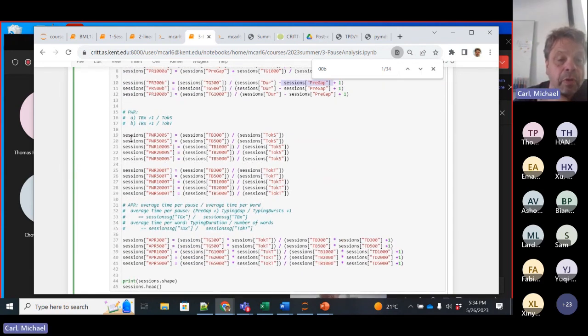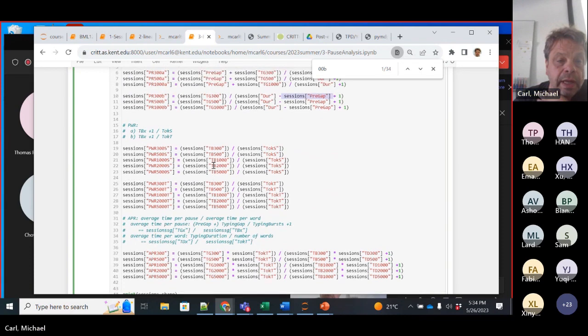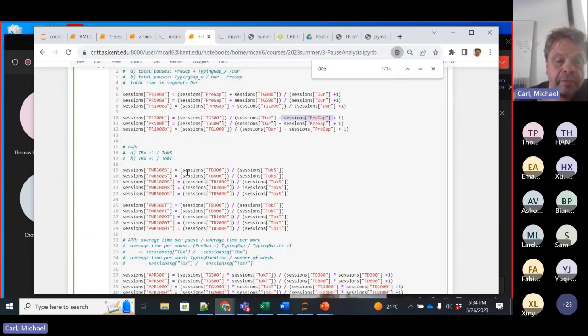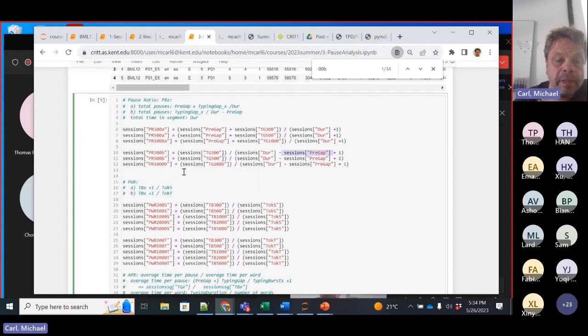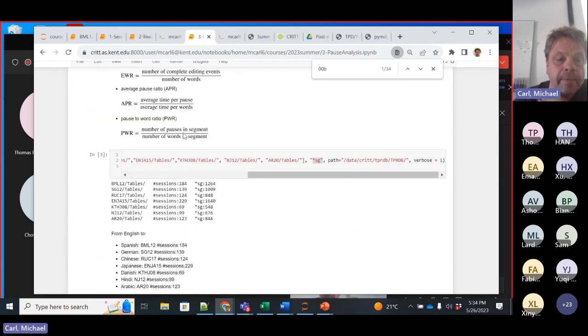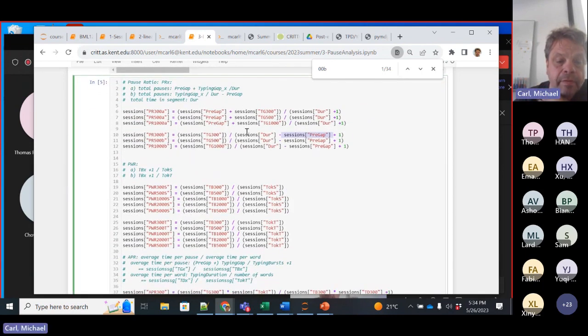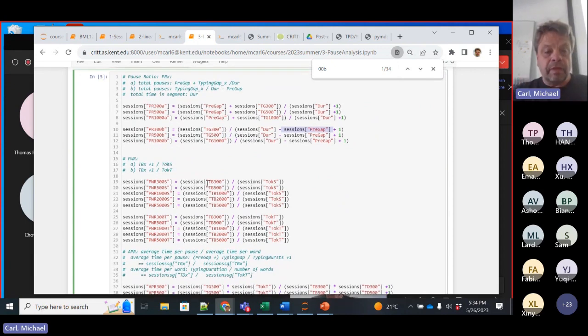We can look into the pause to word ratio. The pause to word ratio would be the number of pauses in a segment divided by the number of words in the segment. The number of pauses should be the same as the number of bursts, right? We assume that we have a pause and a typing burst and a pause and a burst.